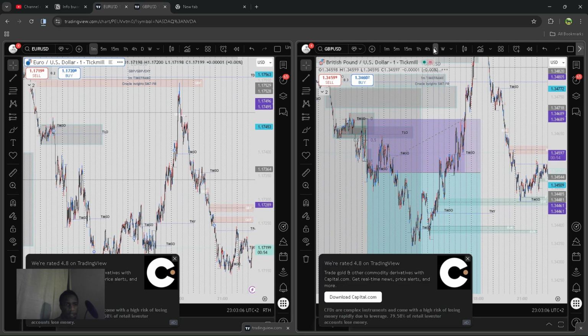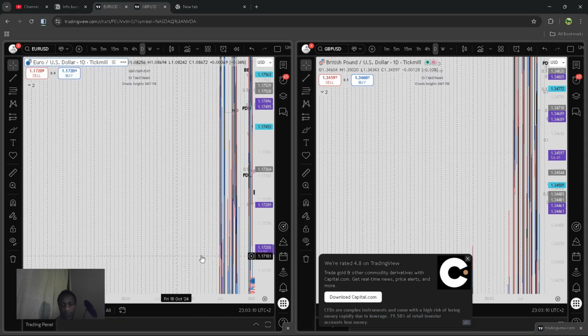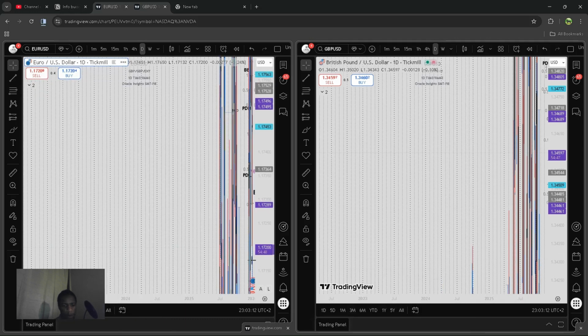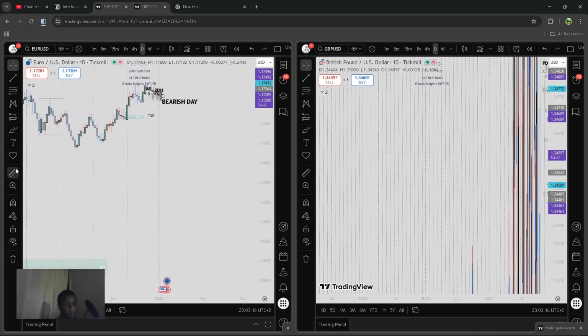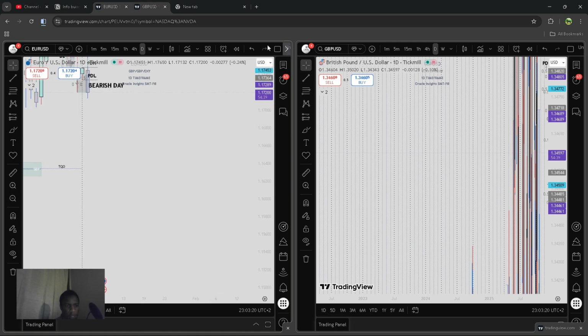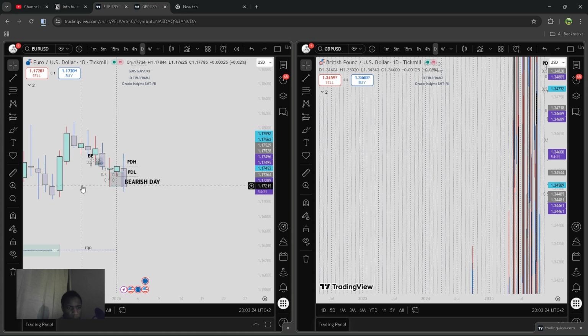Start off on the daily time frame, of course. I think the candle closures kind of alluded to the fact that it was going to be a bearish day, but I'll just make certain right now. So, yeah, we did have body closures below each other on these candles.